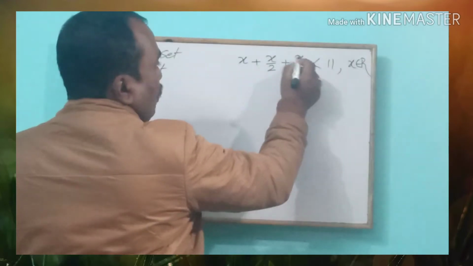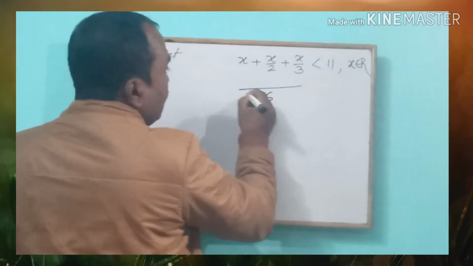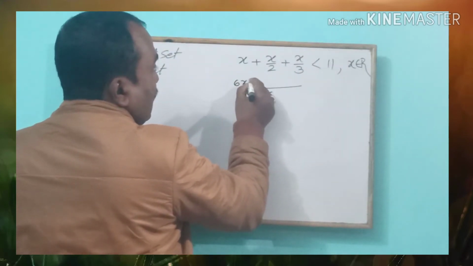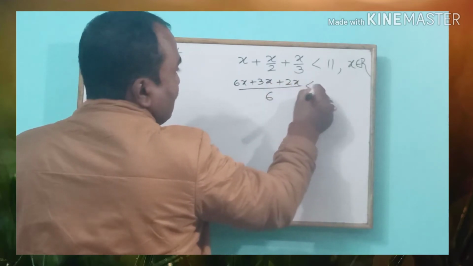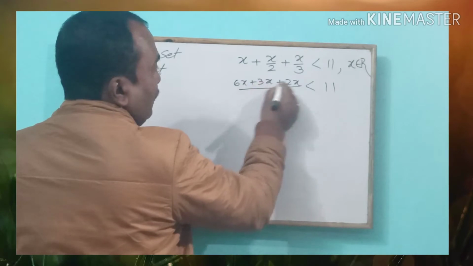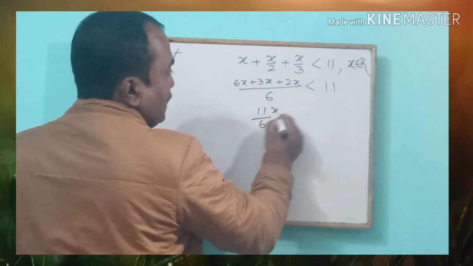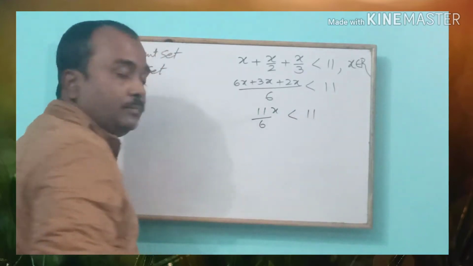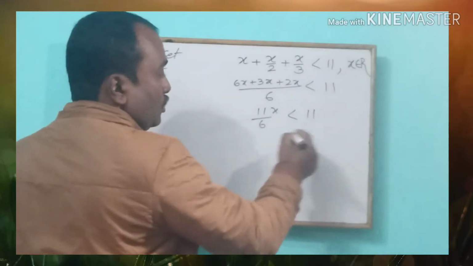So here, all the x terms are already on one side. So let us take the LCM, that is 6. So 6x plus 3x plus 2x is less than 11. So 6 plus 3 is 9, plus 2 is 11, so 11x by 6 is less than 11. I told you I have to remove the fractional part, so I multiply by 6 on both sides.